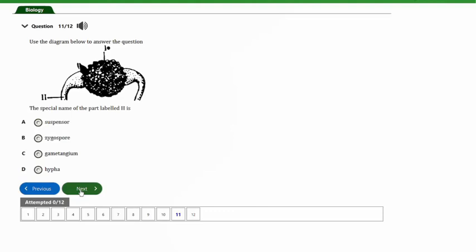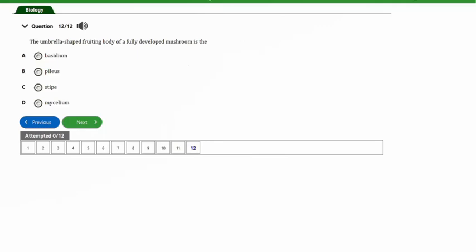Actually, the part labeled I is the zygospore, whereas the part labeled II is the suspensor. So guys, let's note that in fungi, the suspensors are filamentous structural formations having the function of holding the zygospore between two strains of hypha. So guys, let's look at the next and the last question.